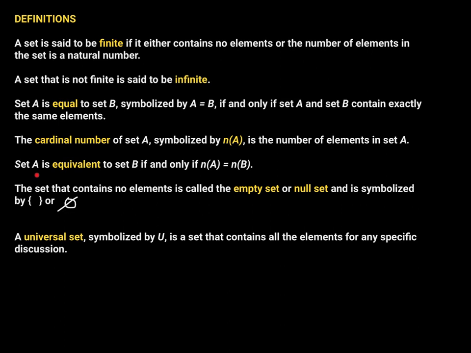If set A has 5 elements in it, set B has to have 5 elements in it as well if they're going to be equivalent. Now, they don't have to have the same exact elements, but they have to have the same number of elements. In other words, set A and set B don't have to be equal in order to be equivalent. Okay? They don't have to have exactly the same elements. They just need to have the same number of elements if they're equivalent.